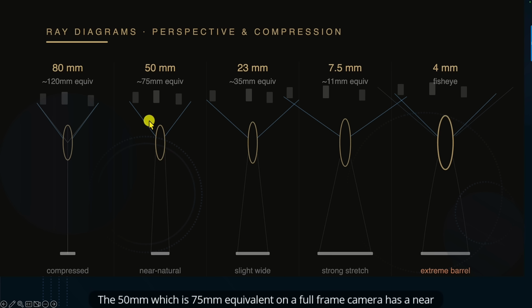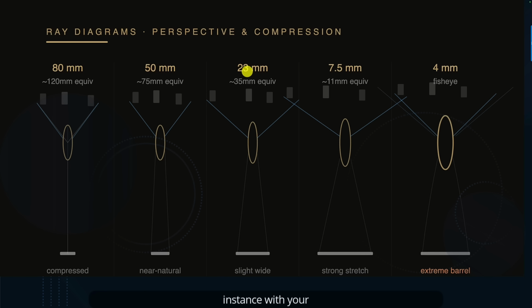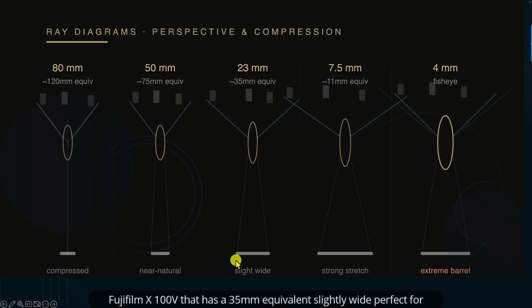The 50mm, which is 75mm equivalent on a full frame camera, has a near natural field of view or perspective. The 23mm, which is what you'll use, for instance, with your Fujifilm X100V, has a 35mm equivalent, slightly wide, perfect for street photography.